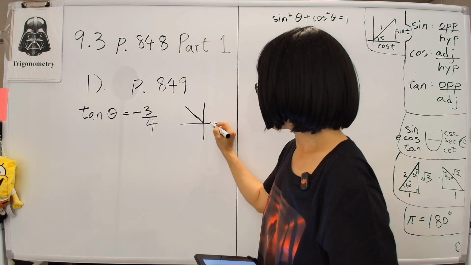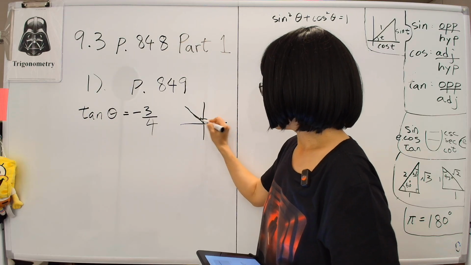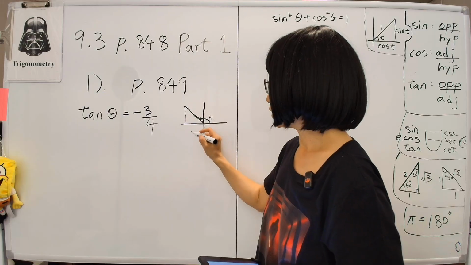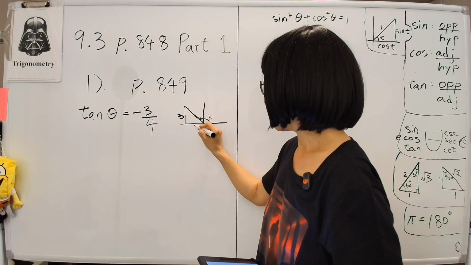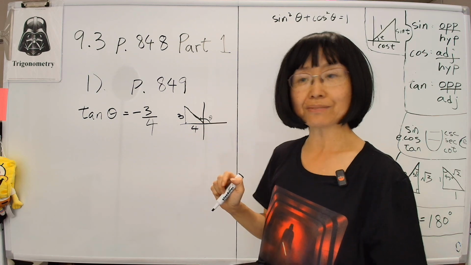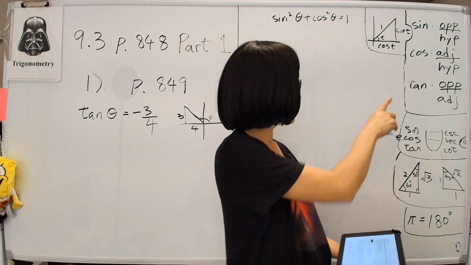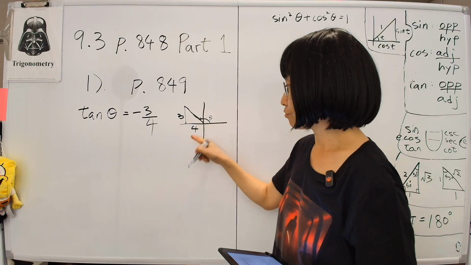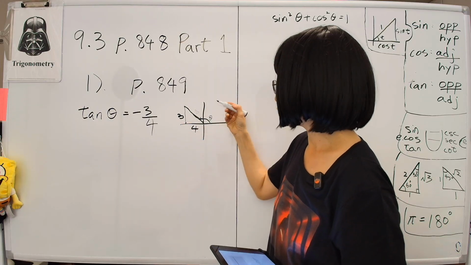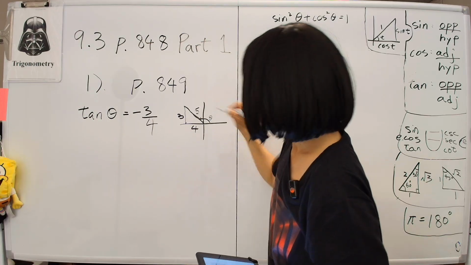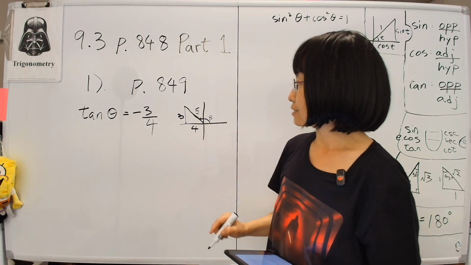So here's our theta, and this is the reference angle, and it measures opposite is 3 and adjacent is 4. Tangent is opposite divided by adjacent, as it says right over there. So this is the 3, 4, 5 triangle, because 3 squared plus 4 squared equals 5 squared.